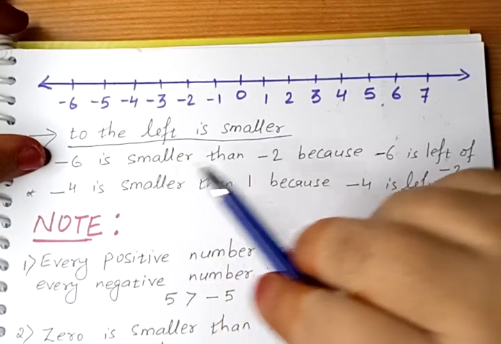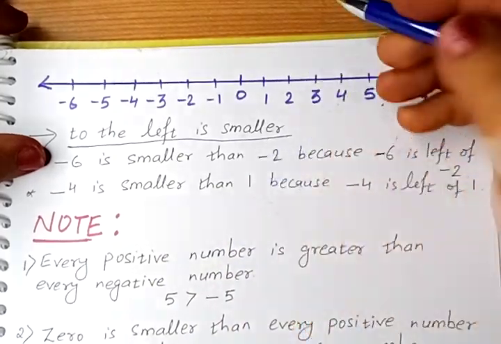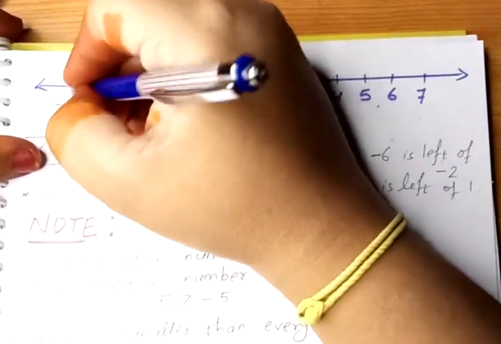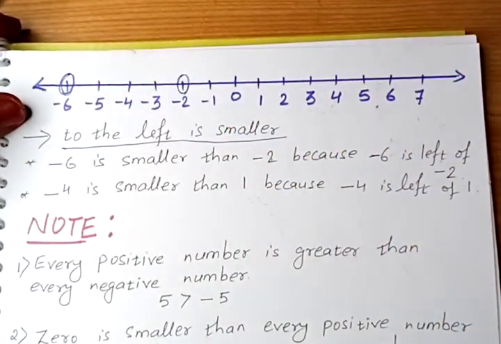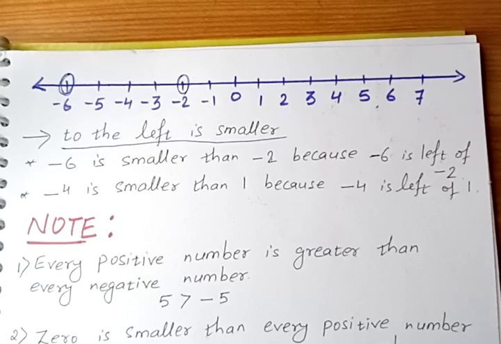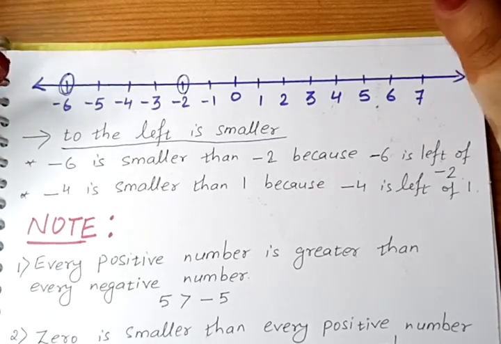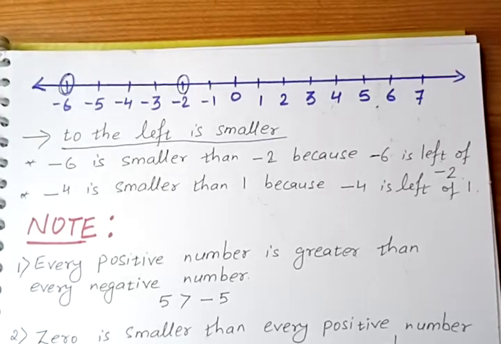Example, -6 and -2. So mark -6 and -2. Okay. Now two numbers are marked on the number line. Now you see, which is on the right side? -2. So -2 is on the right side, so -2 is greater.